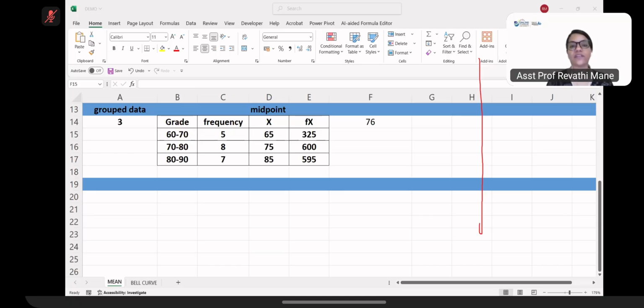Whenever there is a distribution with tails, with skewness, whether left or right, you should not rely on the mean. For example, you have exam scores like 30, 35, 45. In this case, you can see there is some skewness on the right side, a longer tail on the right. When you calculate the mean here, it will be higher.